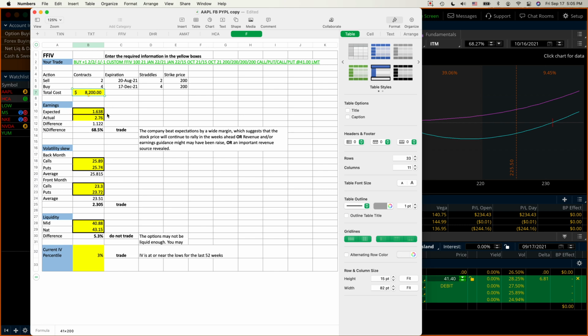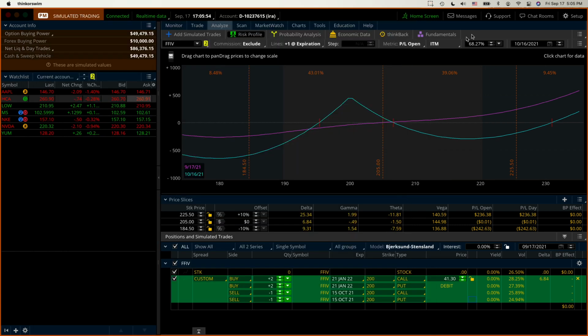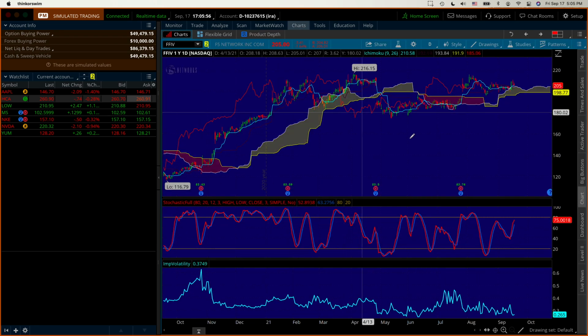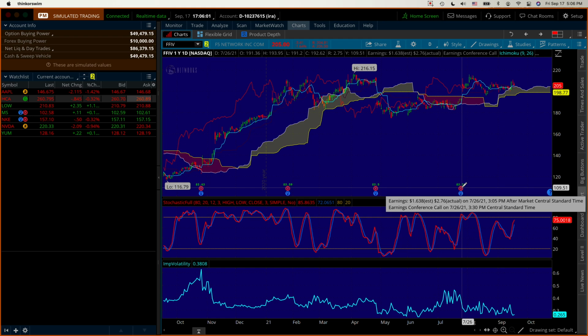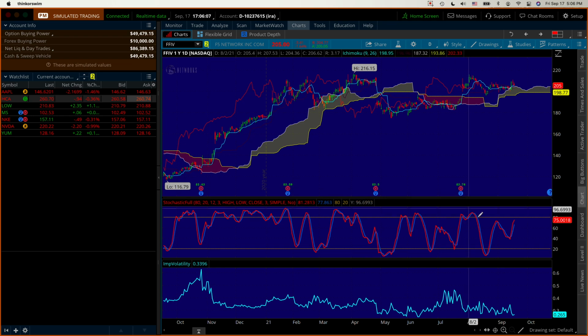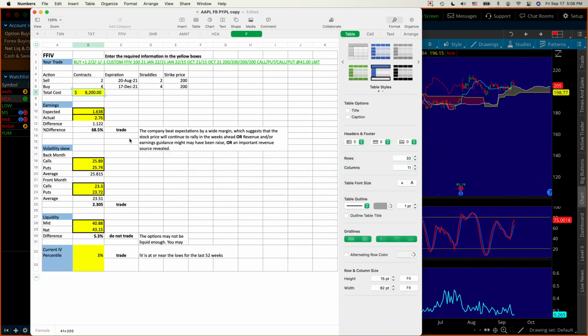The expected earnings were just fantastically exceeded here. You can see $1.64 was the estimate, and it made 2.76, and I included that here. The difference is 68.5% exceeded the expectation. Then the earnings, I'm sorry, the volatility here.